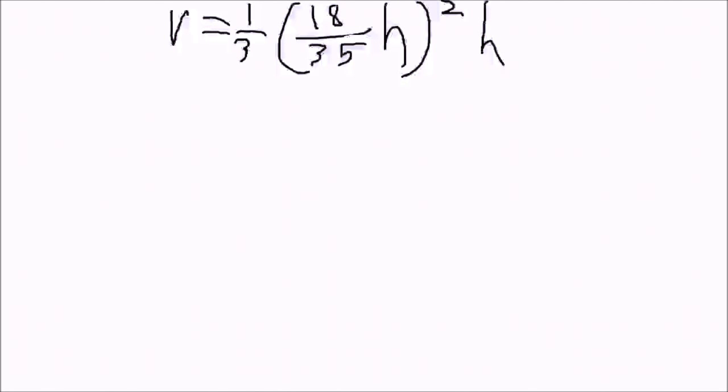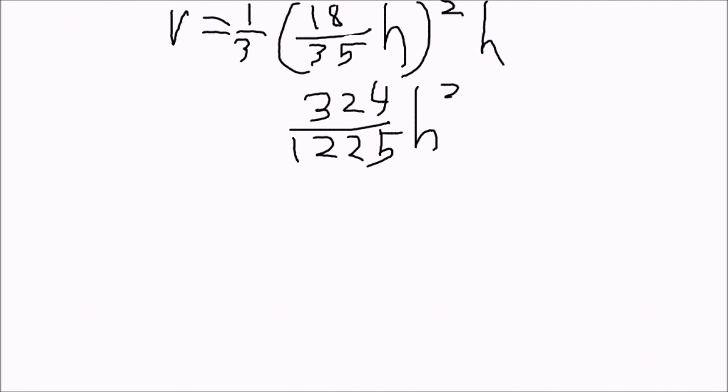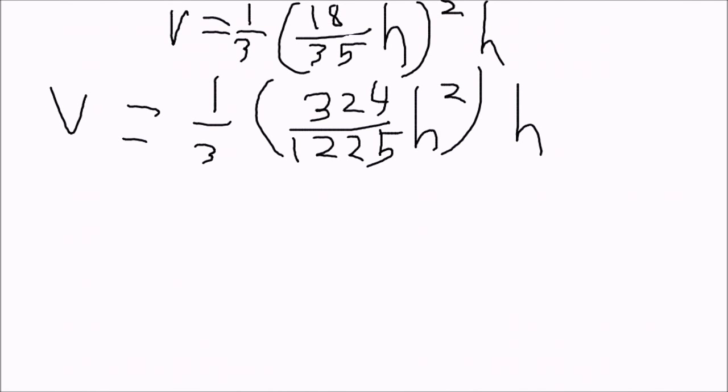By squaring our 18 over 35 and h, we will get 324 over 1,225, and then h will become an h squared. Now we put that back into parentheses, add our 1/3 and our h, and equals volume.